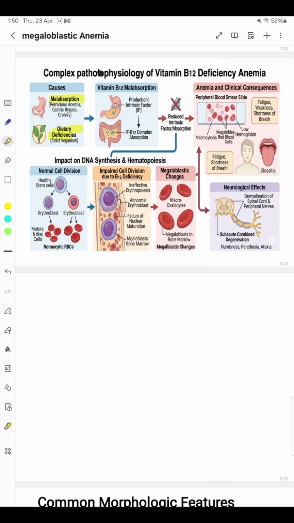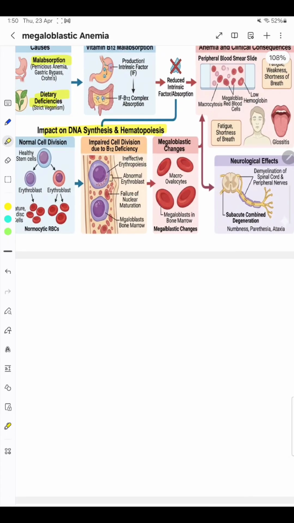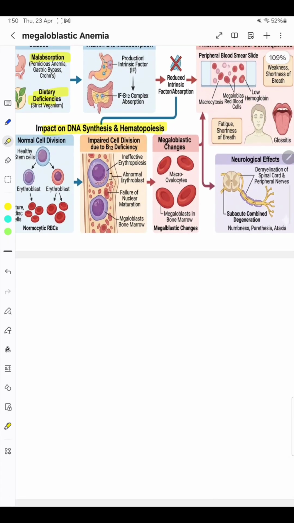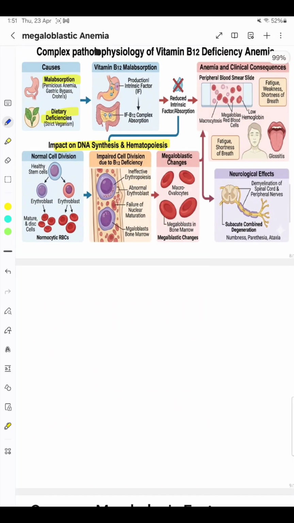Due to vitamin B12 deficiency, there is impaired DNA synthesis, and this results in ineffective hematopoiesis. Nuclear to cytoplasmic asynchrony, in which nuclear maturation lags behind cytoplasmic maturation, ultimately culminates in increased cell size of all erythroid, granulocytic and megakaryocytic lineages.